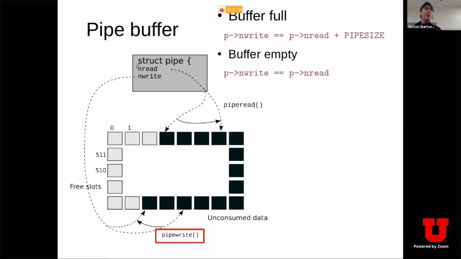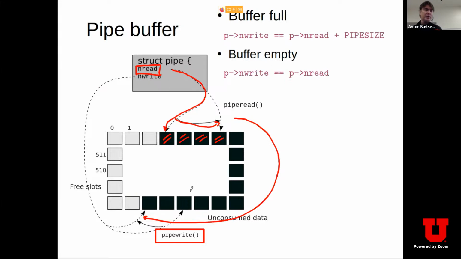So there will be two pointers. And if you have some unconsumed data, marked as black on this slide, when someone reads the pipe, there will be a pointer saying this is the last time you read something, and when you read some bytes, you update this pointer, moving it here. And at some point my read and write pointers are the same, which means that I don't have any unconsumed data. So it works as a ring buffer.